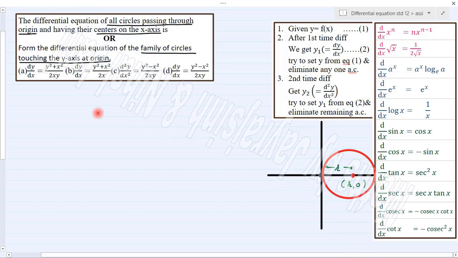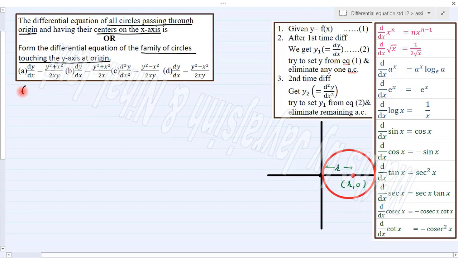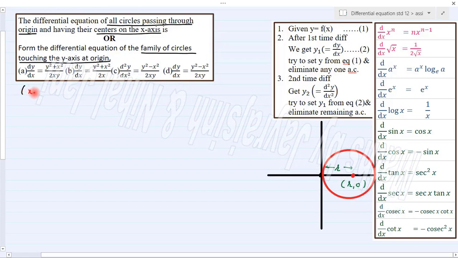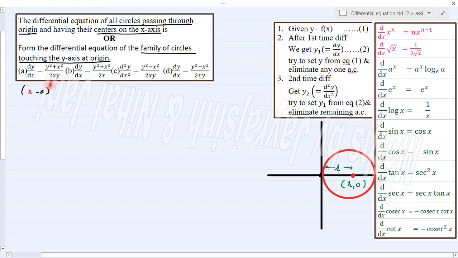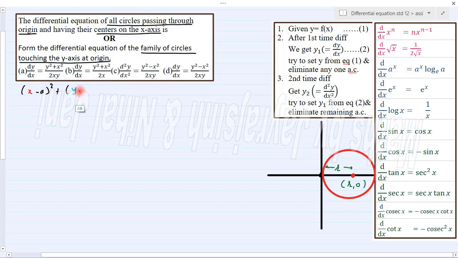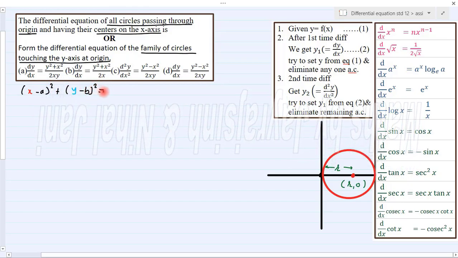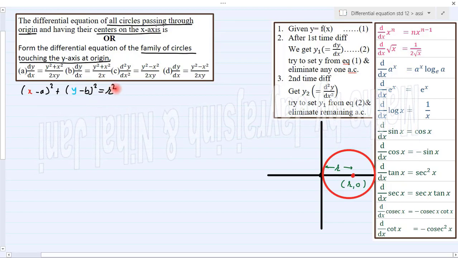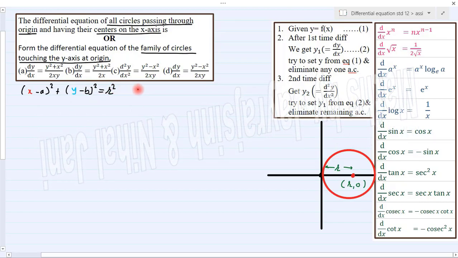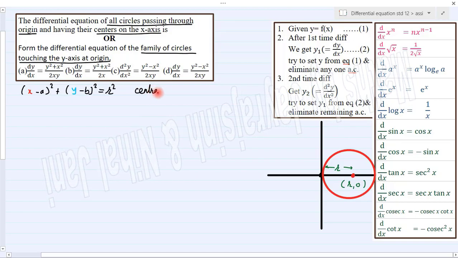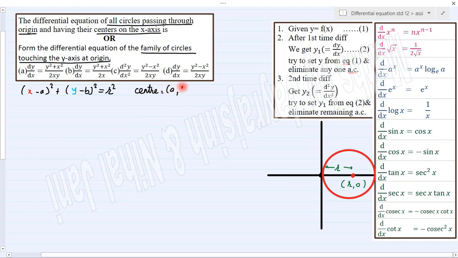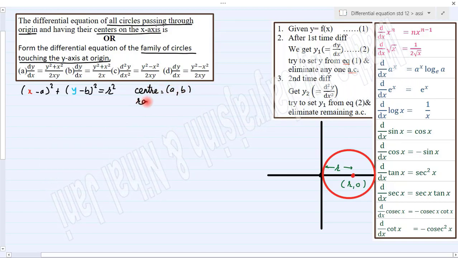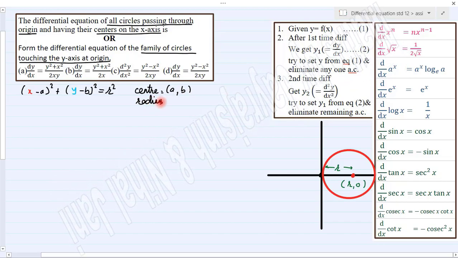Now we know the general formula of a circle, which is x minus a the whole square plus y minus b the whole square is equal to r square, where its center is a, b and radius is r.